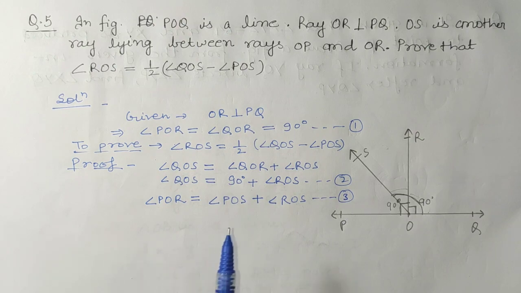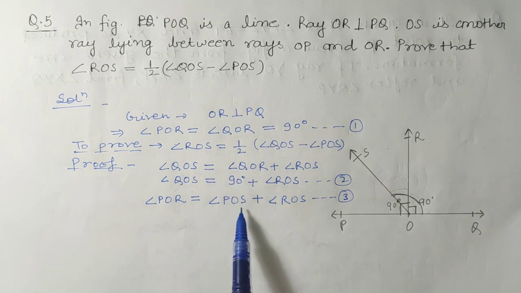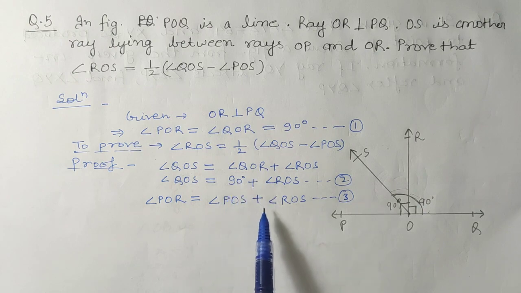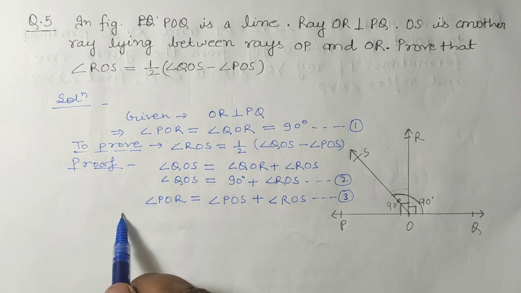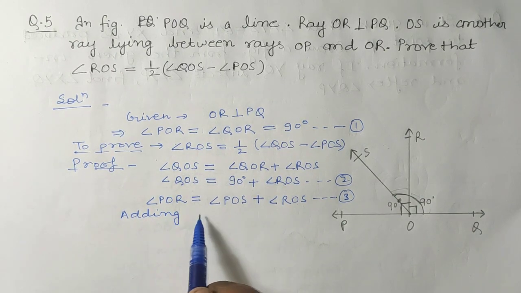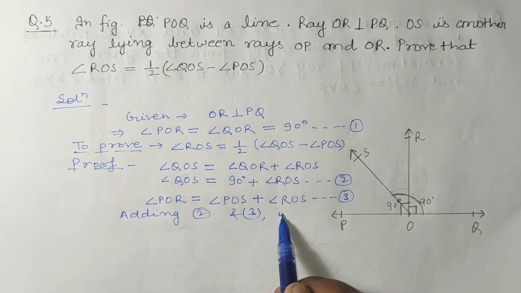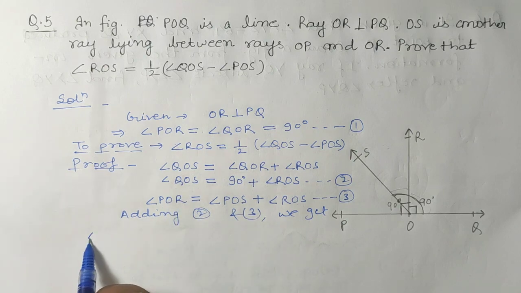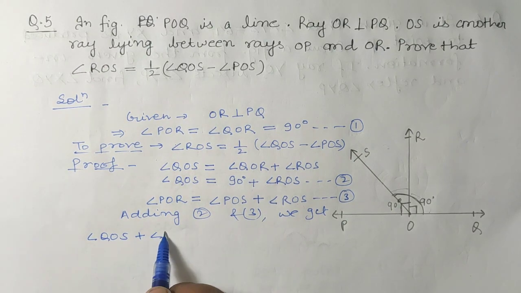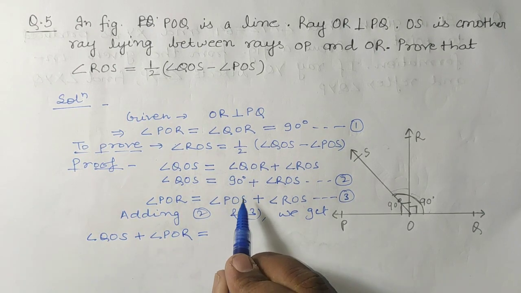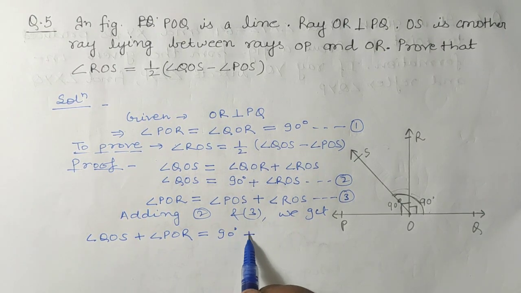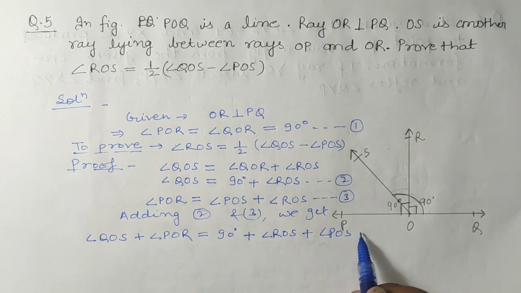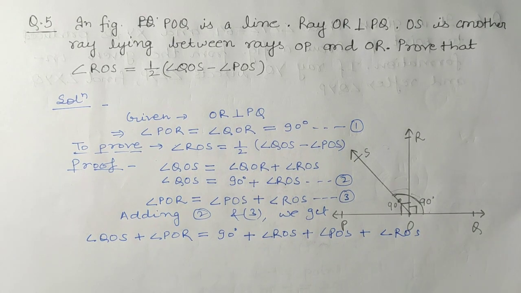Now students, we will add equation number 2 and equation number 3. Adding 2 and 3, what will we get? In the left hand side we'll get angle QOS plus angle POR. In the right hand side we'll get 90 degree plus ROS plus angle POS plus angle ROS.